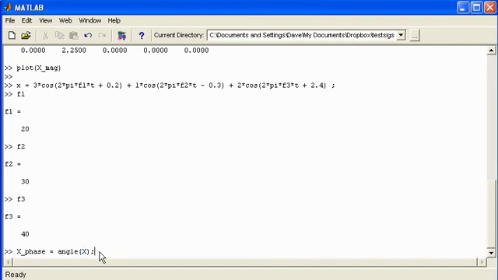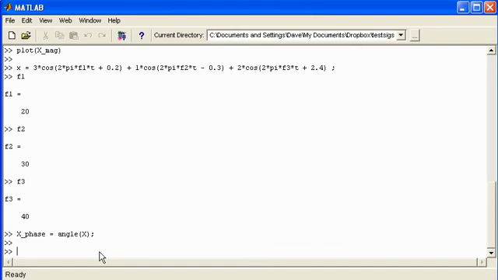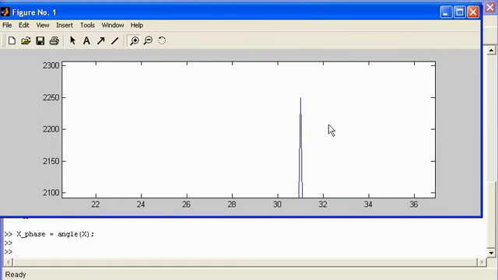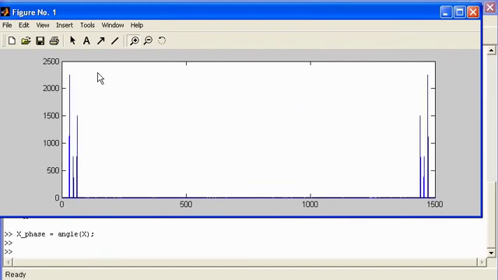Now I'm going to try to find the phase values of the three components. I'll open up the magnitude spectrum again and try to find the bin number. Hold on, I'll do that again, just slower, so you can see what I'm doing.